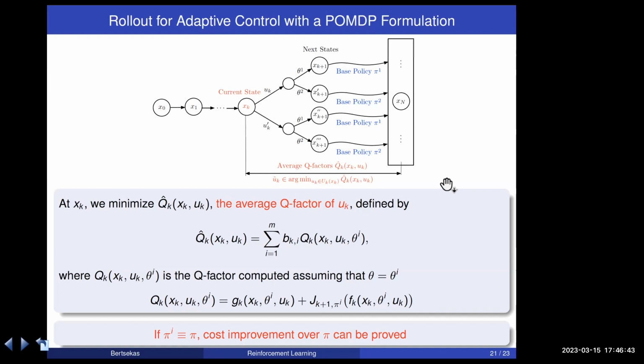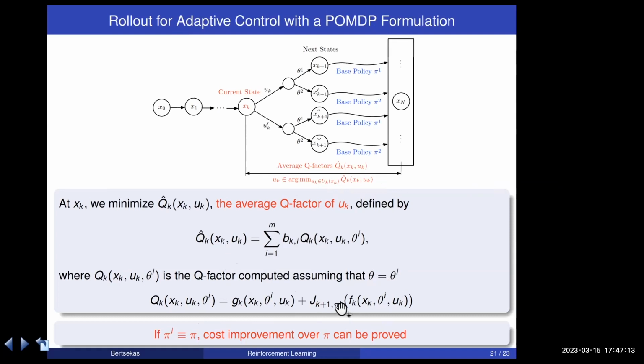So what we do here is for every branch, we obtain an average Q factor. This average Q factor involves the weighted sum with the posterior probabilities of Q factors computed, assuming that we know exactly what theta is. So for every possible value of theta, we calculate this Q factor.